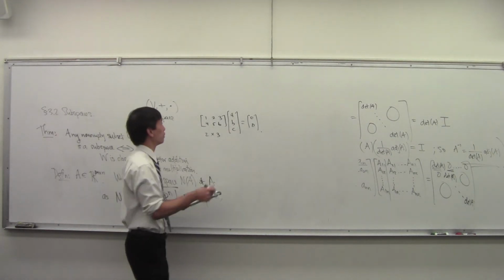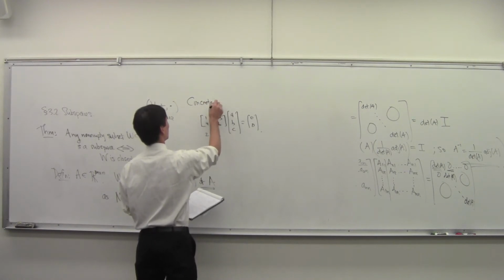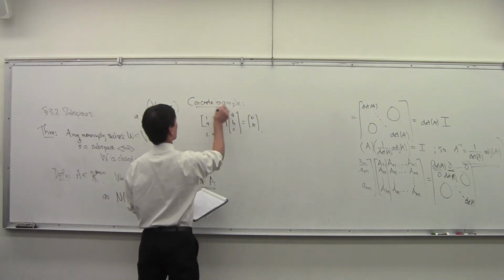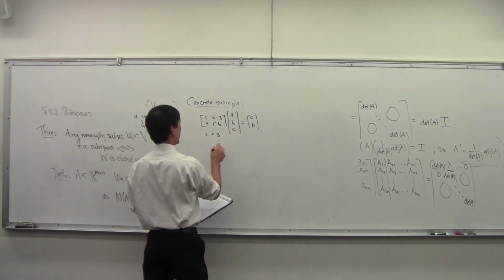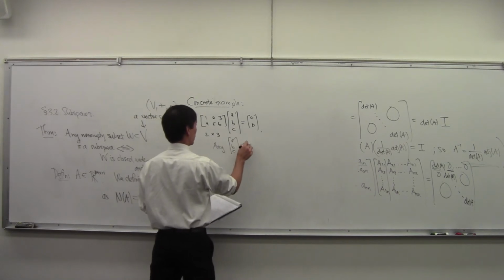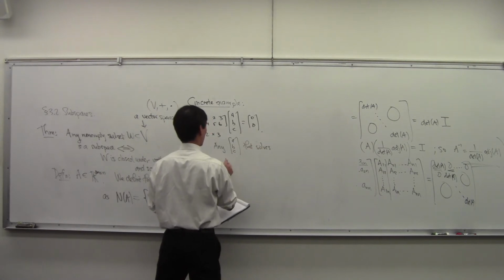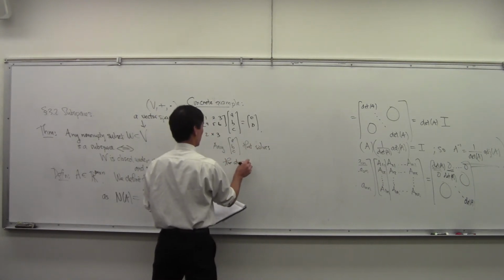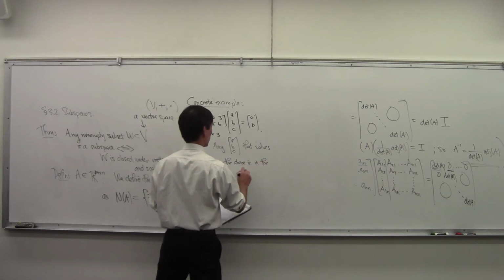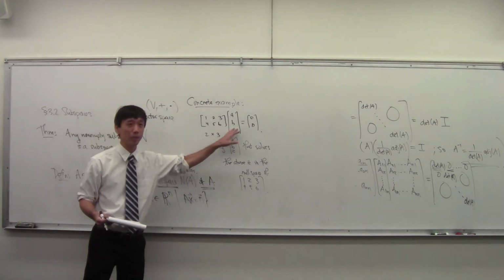Okay, so a concrete example: any ABC that solves the above is in the null space of the matrix 1, 2, 3, 4, 5, 6. Okay, so anything that solves the homogeneous equation.